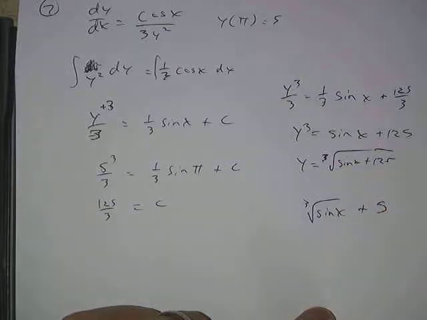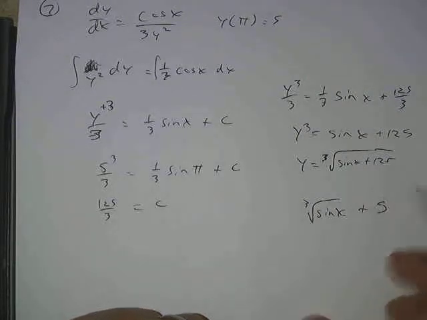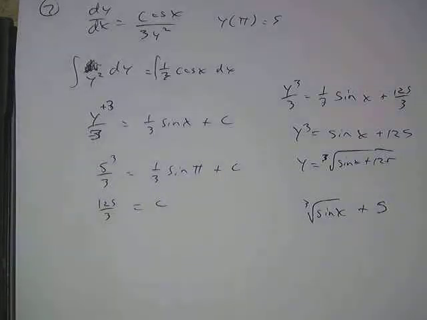In solving for y here, we'd multiply by 3 first, which conveniently would get rid of all the fractions. And then if we take the cube root, y equals the cube root of sine x plus 125. And that would do it.